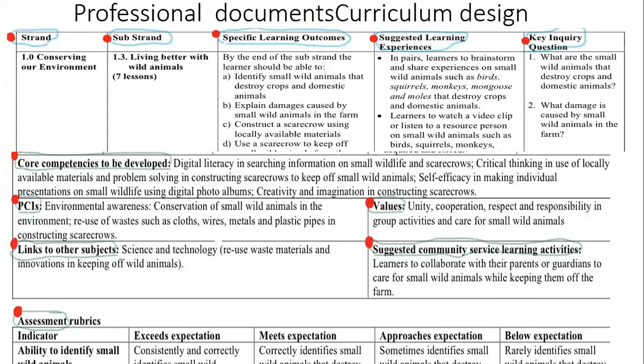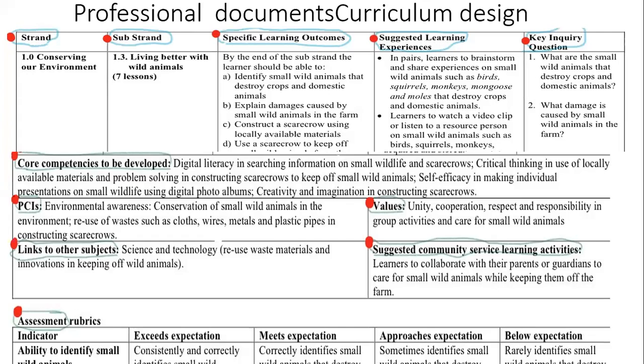But important to note, colleagues, is that this curriculum design is accessible to any of us. If you go to the KICD platform on the homepage and ask for the designs according to the volumes, you look for agriculture, and I think it's grade 4, volume 3.